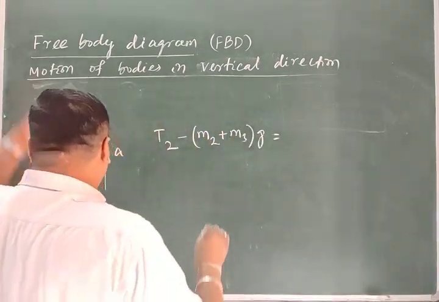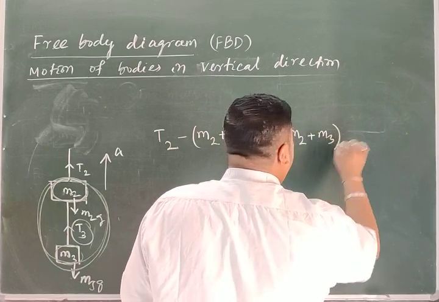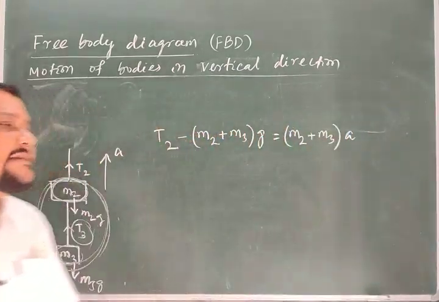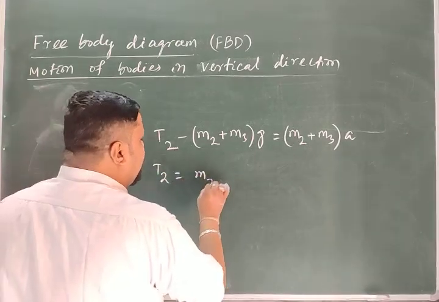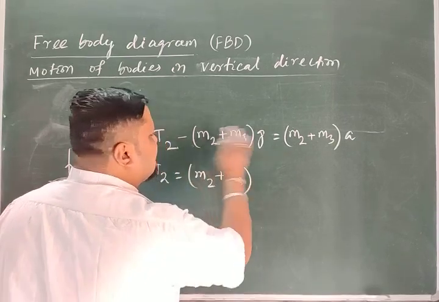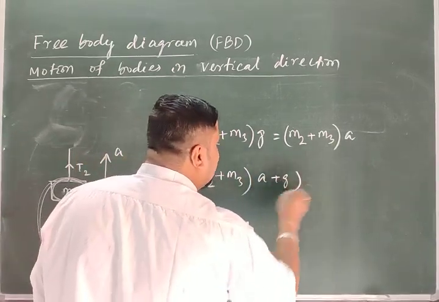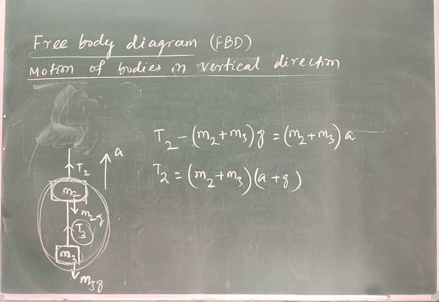That gives you the resultant force on M2 plus M3 into A. Yes. So this is the case. So T2 is equal to M2 plus M3 this side A plus G. That is the case for T2. Clear? Similarly, in the same way, find this T3.